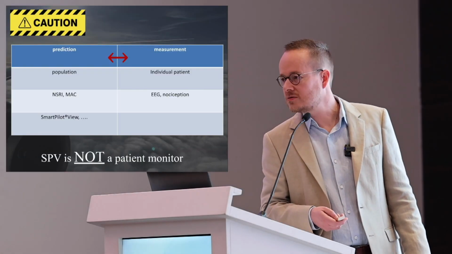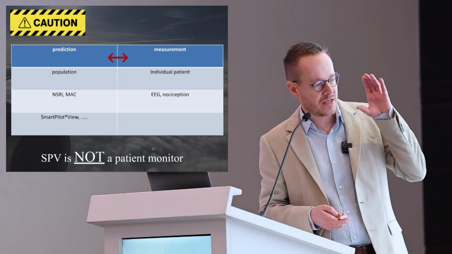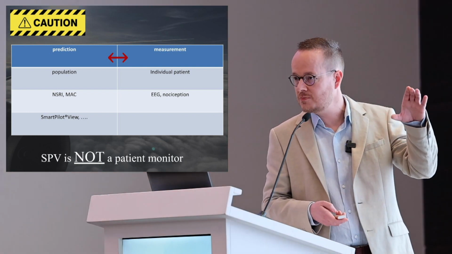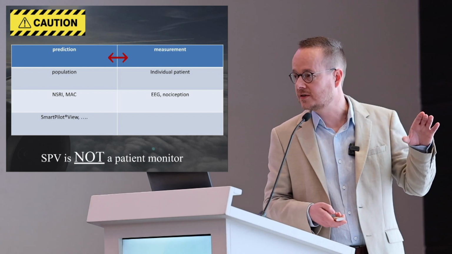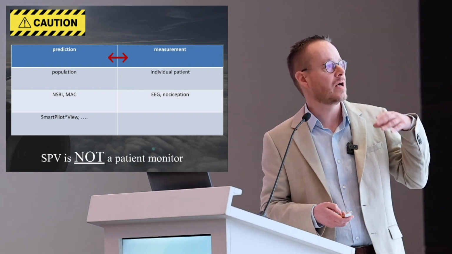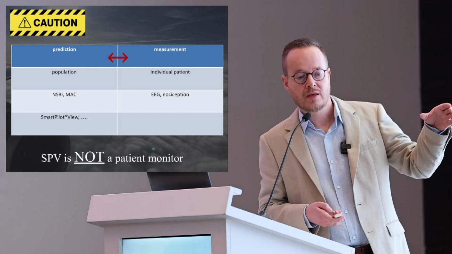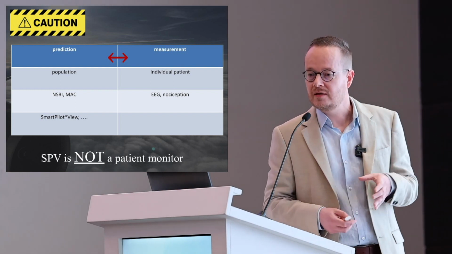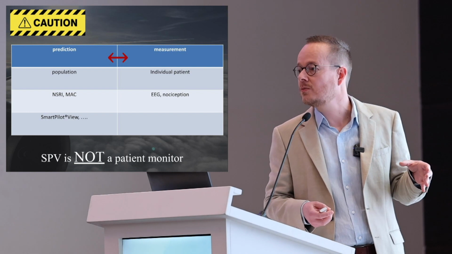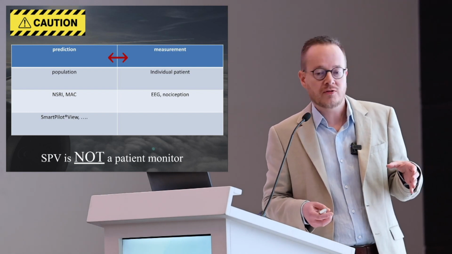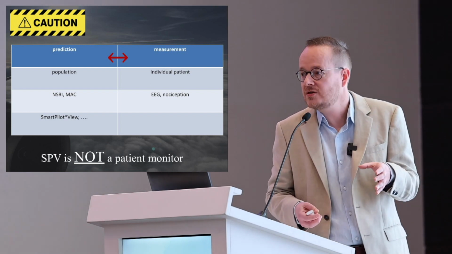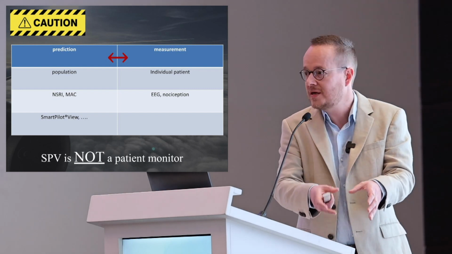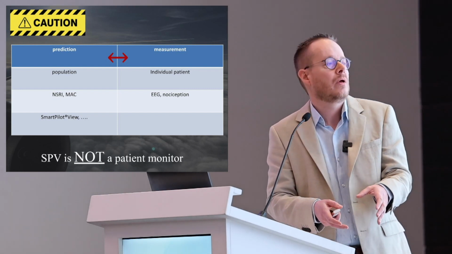So that's why we always have to keep in mind that SPV, SmartPilot View, is not a monitor. It's a tool that helps us to predict, and it works for the population. So if it says 90% of your patients will move, it does not give you any information about a single individual patient that you're treating right now.